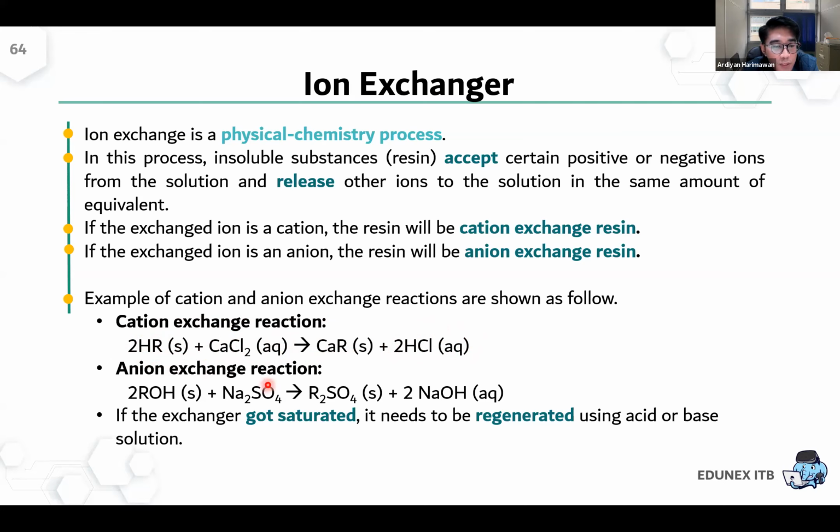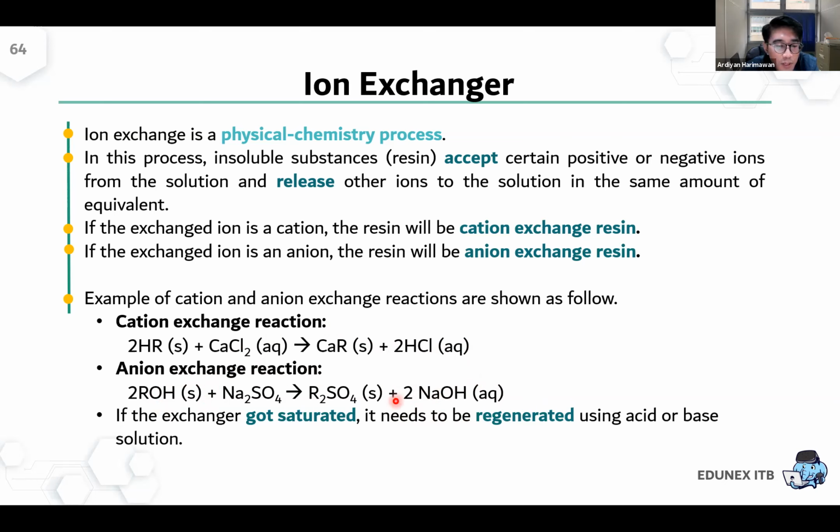And then for the anion exchange, the resin will take the sulfate ions and then release the hydroxide ion and becomes sodium hydroxide.